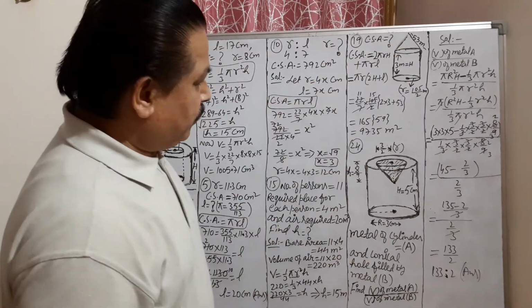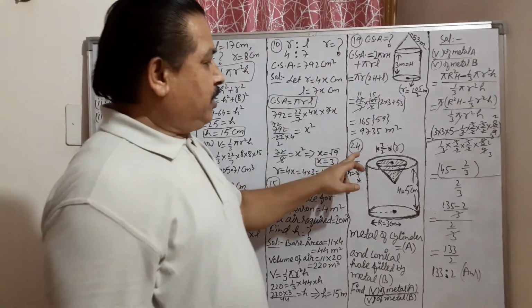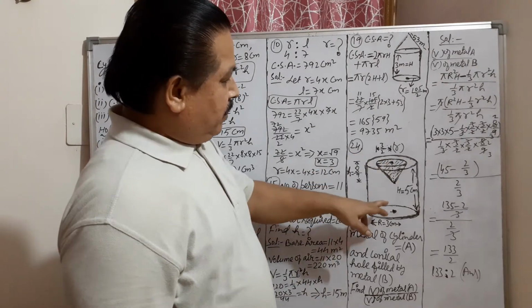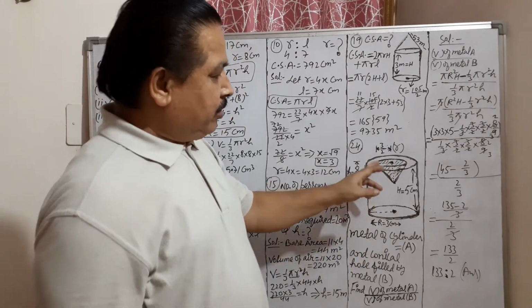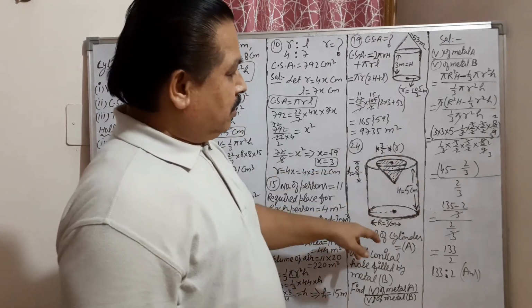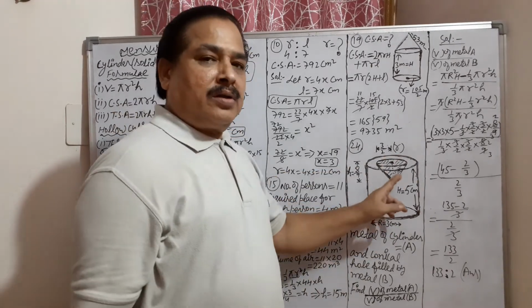Now see question 24. The diagram is given for this question. This is a cylindrical part, a solid cylinder.